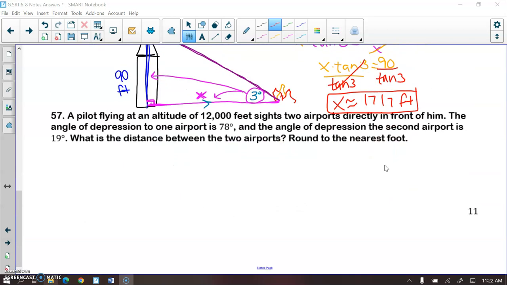All right, so the next one, we have a pilot at an altitude of 12,000 feet. So let's draw ourselves another plane. All right, that plane's flying at 12,000 feet.